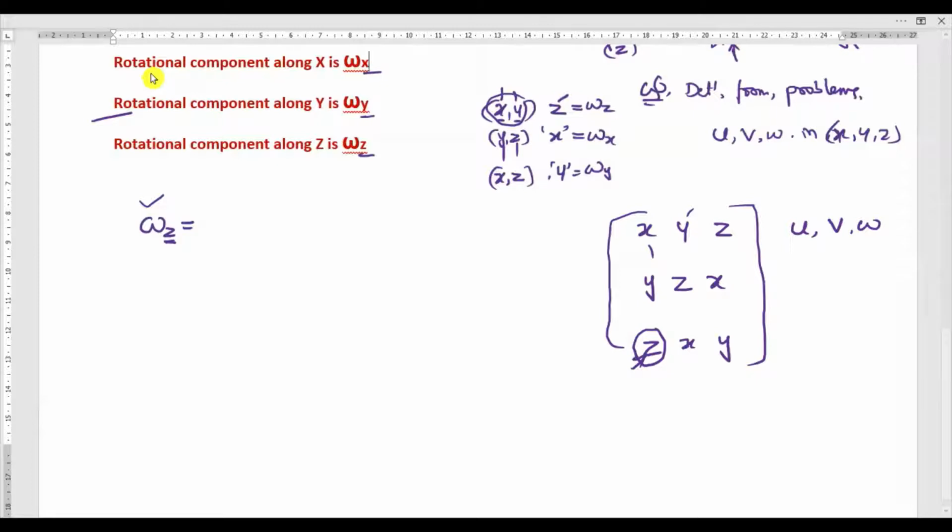How many terms are left here? There are two planes, the X plane and the Y plane. When two planes are left, you write one by two, open the bracket.